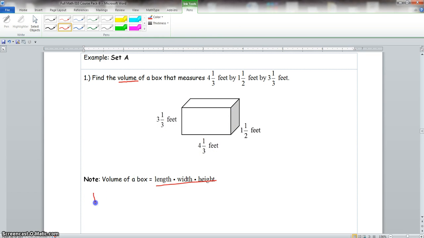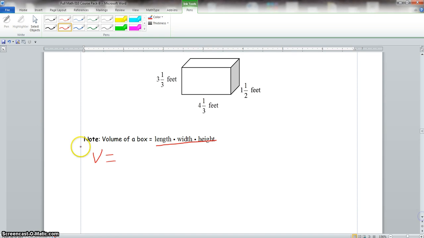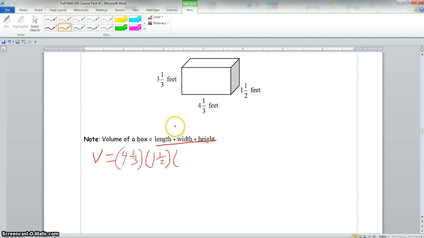Okay, so now this is what we would do. We would take our volume, which is V, and it's equal to, let me give a little bit more space here. Now our length is 4 1/3. Our width is 1 1/2. And our height is 3 1/3.